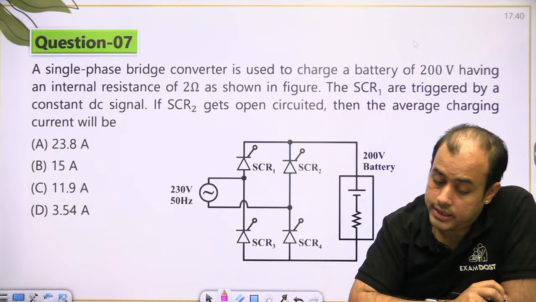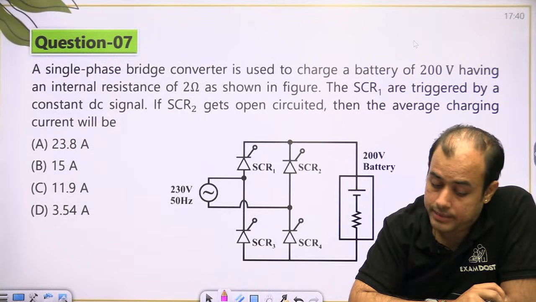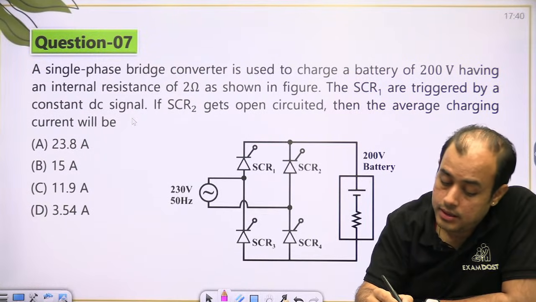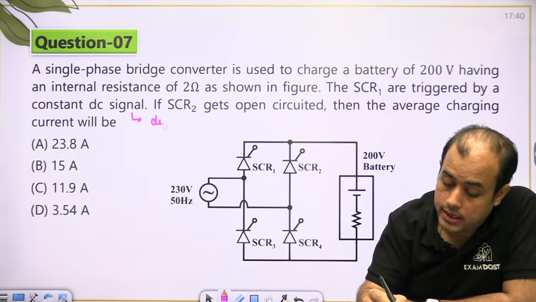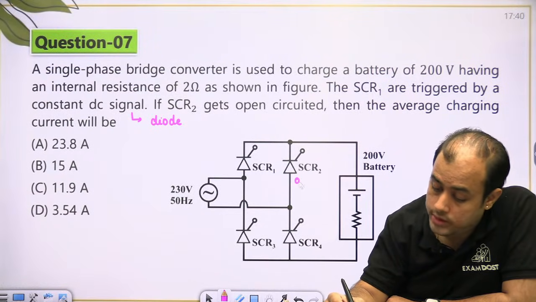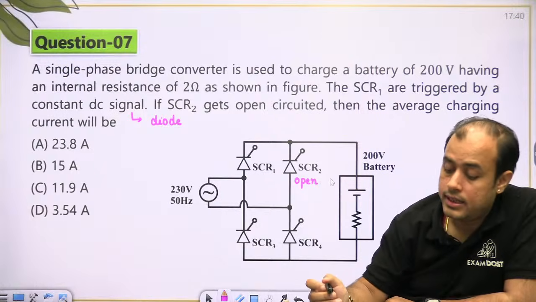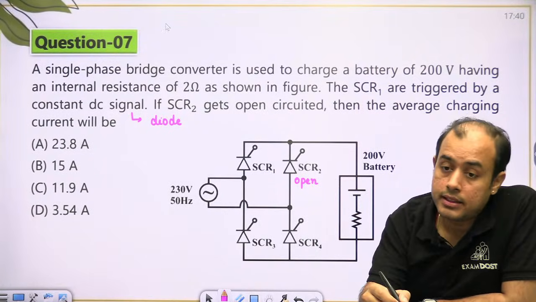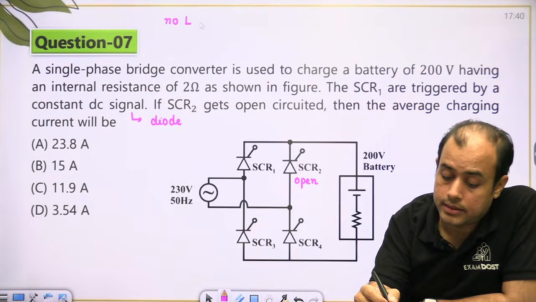Single phase converter bridge is used to charge a battery. SCR is triggered by a constant DC signal. That means it works as a diode. Now SCR2 is open. Do not say that SCR1 has to continuously conduct. There is no inductor.